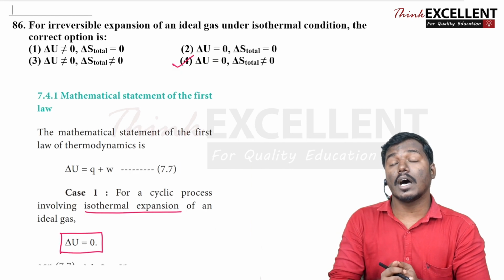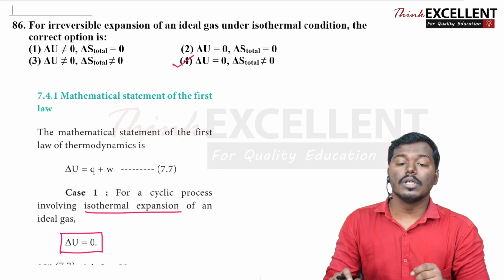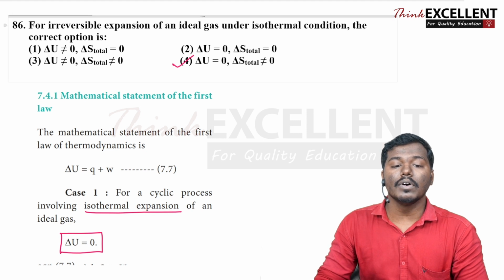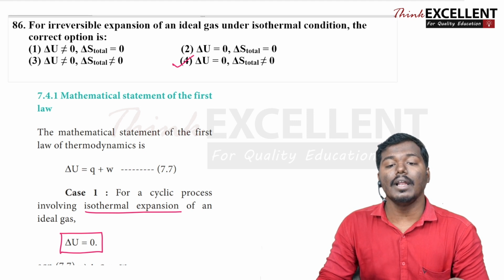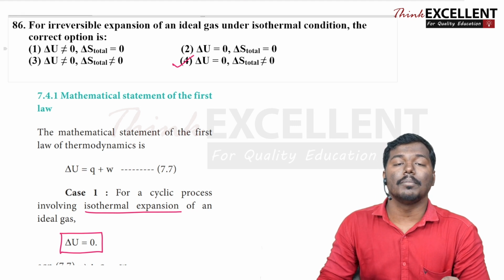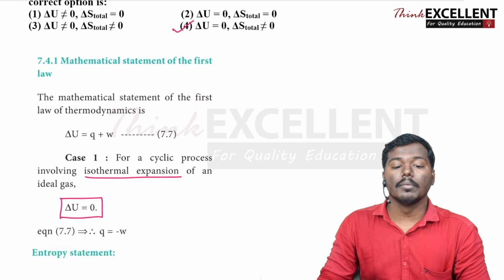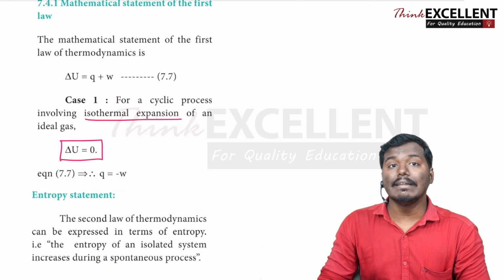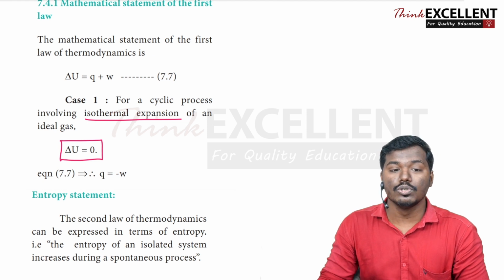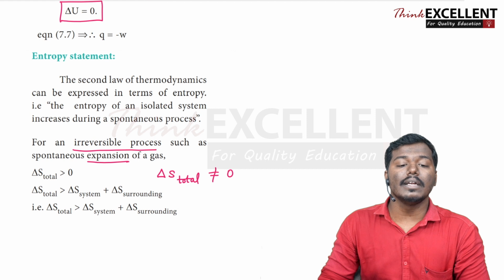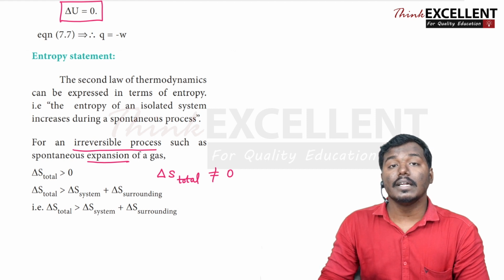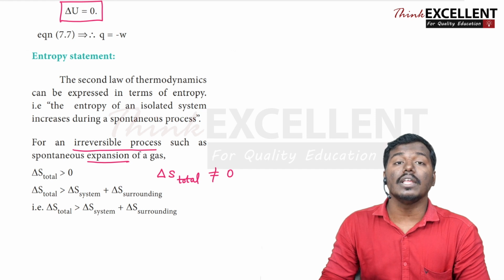We can see that it is asked from the thermodynamics. So thermodynamics la pathina, for irreversible expansion of an ideal gas under isothermal condition, the correct option is அப்படினு கேட்டிருக்காங்க. So நம்ம அந்த isothermal expansion நம்ம படிக்கும்போது you can see that the internal energy, the change in internal energy delta U is equal to 0, and we have studied in the entropy statement, that is for an irreversible process we can see that the delta S total it is not equal to 0.